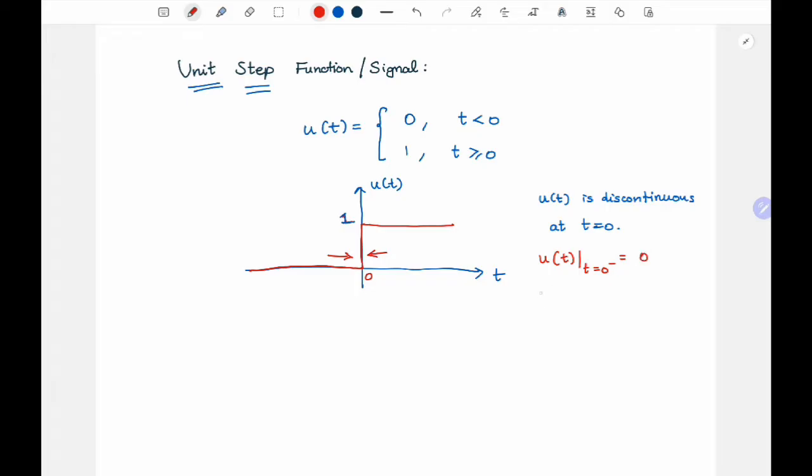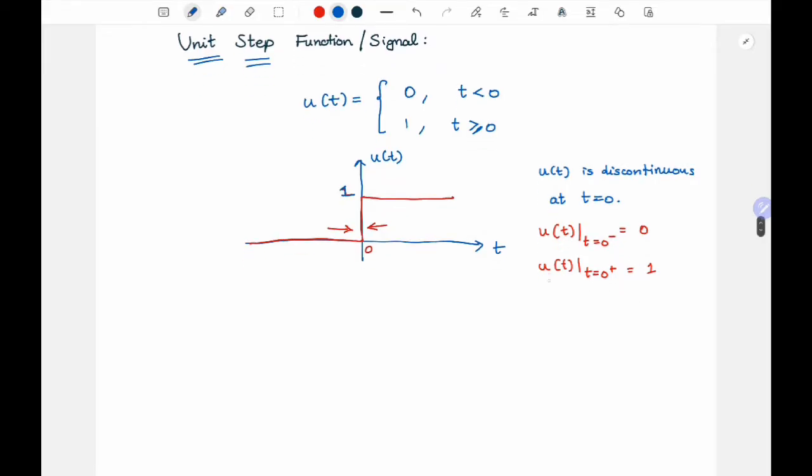If you approach it from the right side, from the positive direction, you get the value of 1. So we say it is discontinuous at t equal to 0. But still we are stating that at 0 itself it has a value, and it is possible.